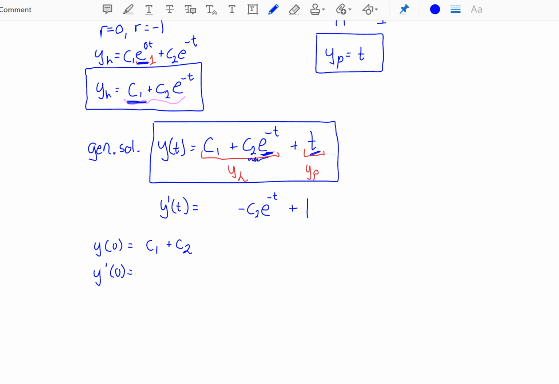And when you plug in 0 for t, this last term becomes 0. Our derivative, when you plug in 0, I think we get just negative c2 plus 1. And from our initial conditions, we know y of 0 has to be 0.1, and y prime of 0 has to equal 0.